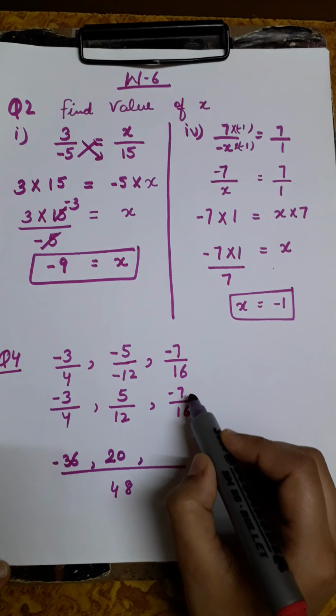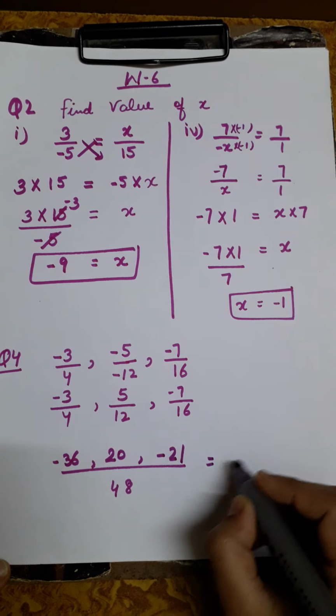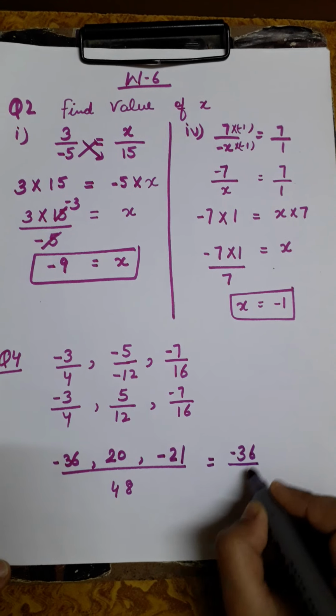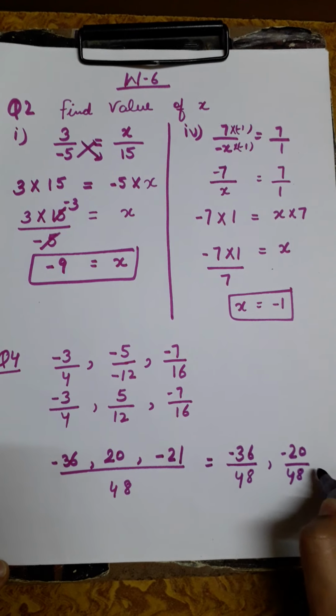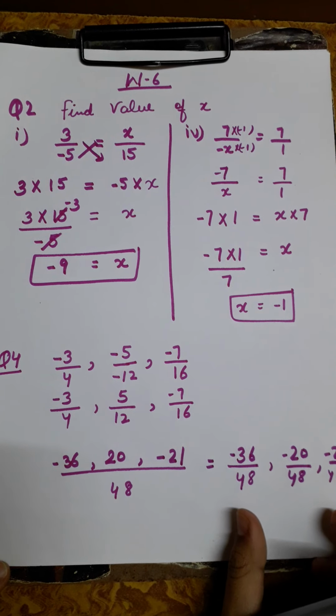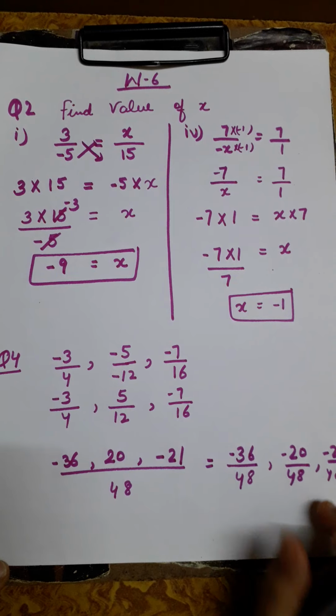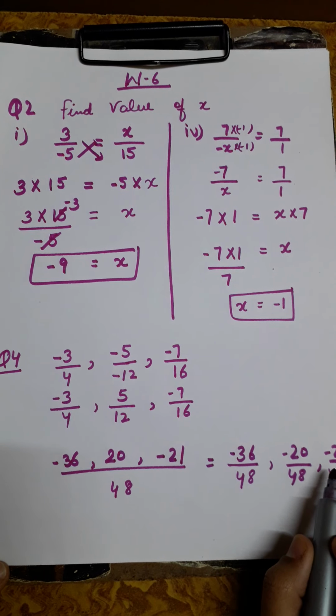So minus 7 multiply 3 is minus 21. Now you will write it as minus 36 upon 48, 20 upon 48 and minus 21 upon 48. Now you can see denominators are the same, and now you can arrange the numerators in ascending order.